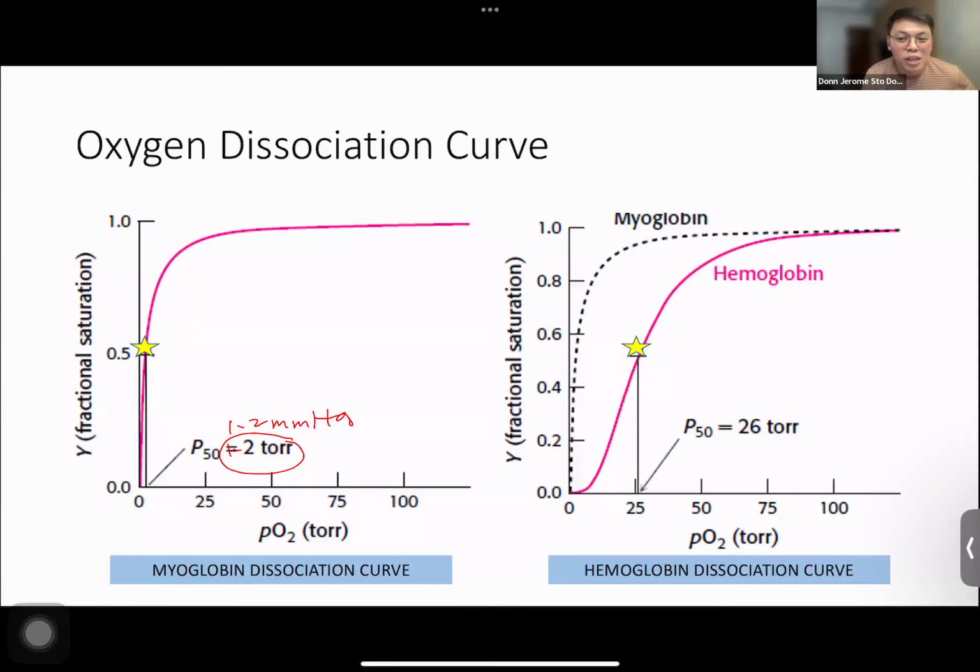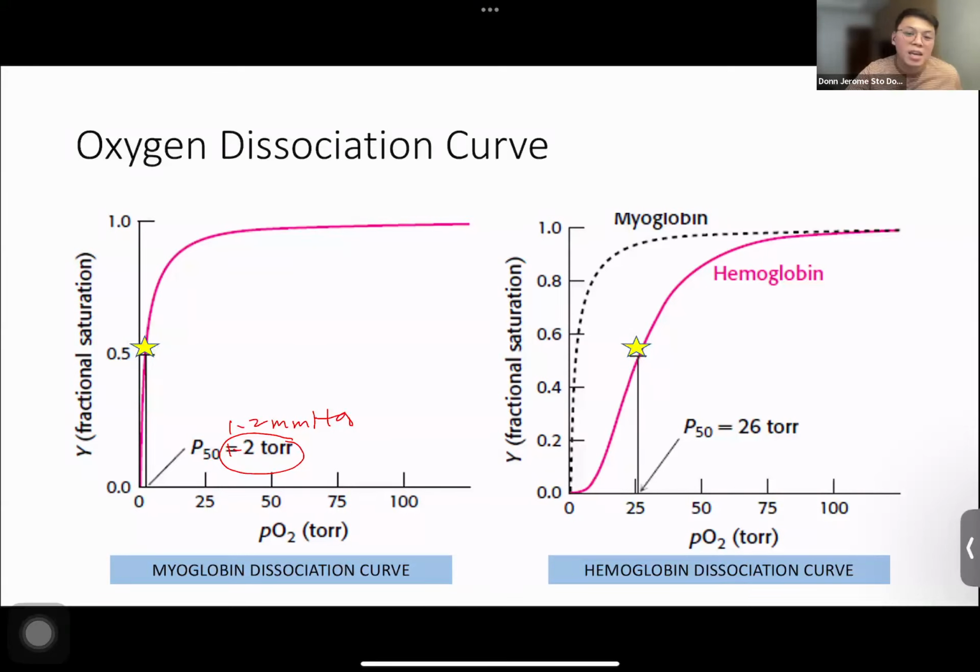Rather, its main function is to store and release oxygen during strenuous exercise. Imagine niyo kung sa hemoglobin nyo, or sa RBC nyo, ang nandoon myoglobin, no? Yung tissues ninyo, gustong-gusto na ng oxygen. They are actively metabolizing. I-release ba ng myoglobin yung oxygen na hawak-hawak niya? Hindi niya basta-basta i-release because of its high affinity. Okay? That is because it has a low P50.